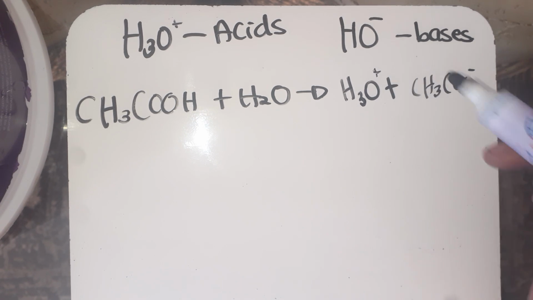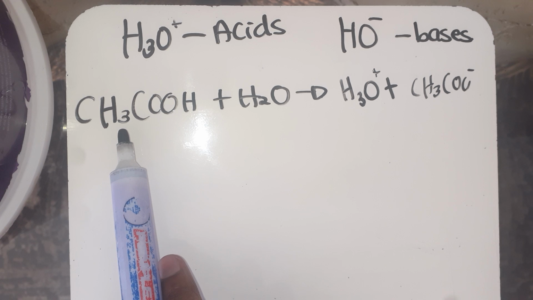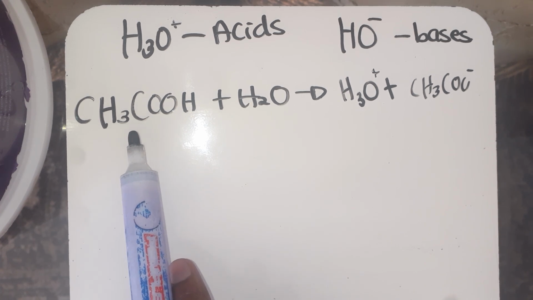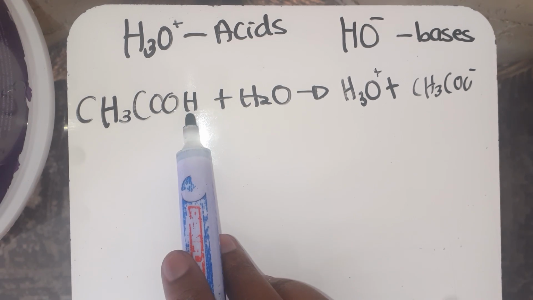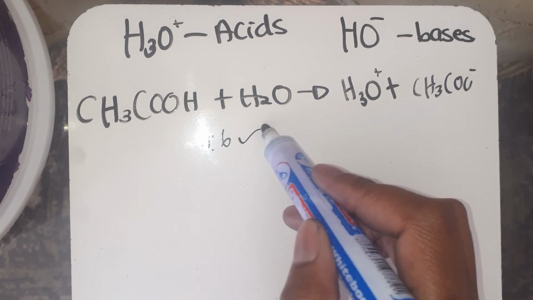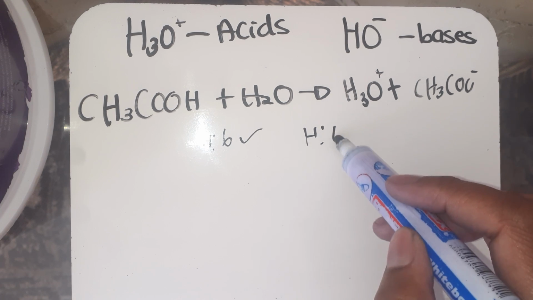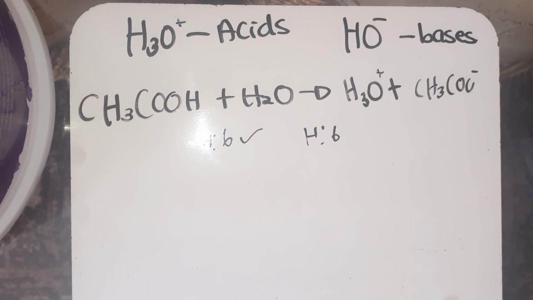This will be positive. So we have 3 H's here, 4, 5, 6. So H is 6 here, and here we have 3 plus 3, H is 6 this side, so it's balanced.